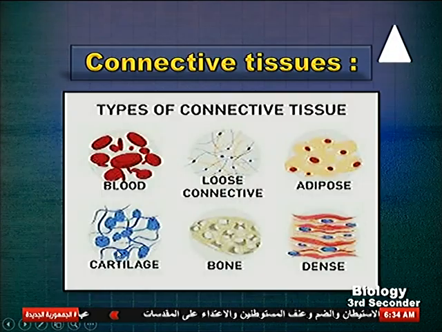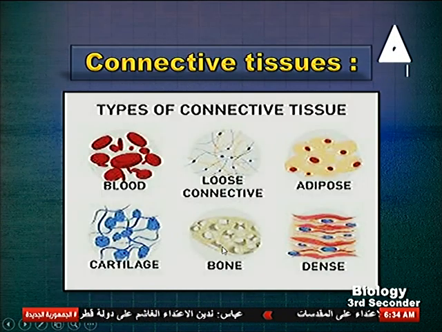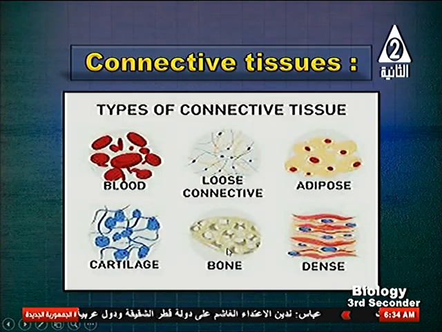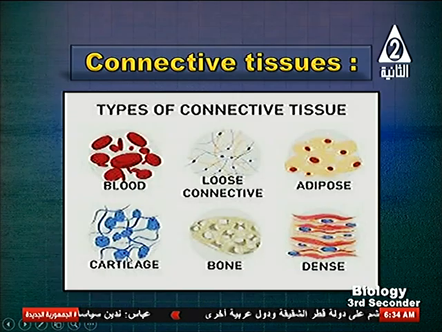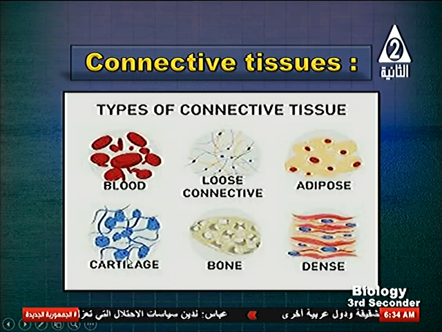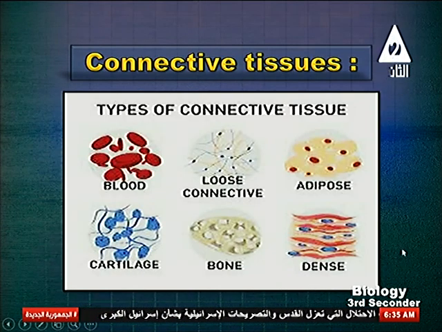If the calcium is a little amount, it forms cartilage. If the calcium deposit is in a high amount, it forms bone, so bone contains a higher amount of calcium than cartilage. Okay, this is the connective tissue, and this is the cartilage and bone related to support in human.